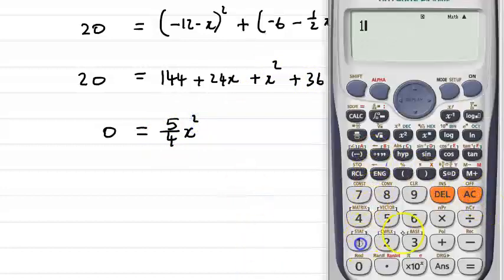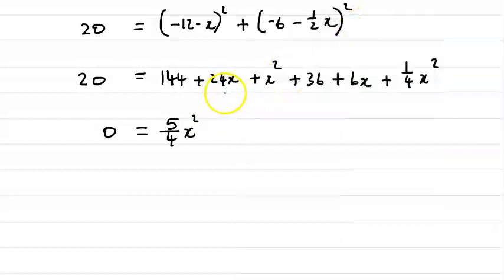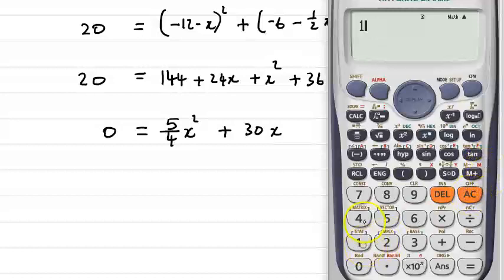Now, if for some reason you don't like fractions, you can just go and use your calculator. 5 over 4. Here, 24x plus 6x is plus 30x. And here we're going to have 144 plus 36. So let's just put that in our calculator.